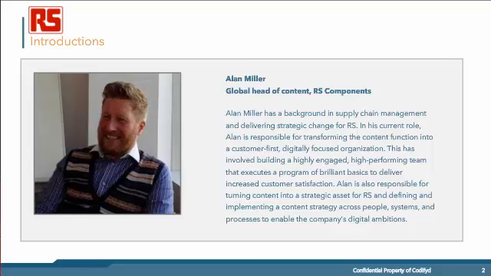He's involved in building a highly engaged, high-performing team, and executes a program of brilliant basics that delivers increased customer satisfaction. He's responsible for turning content into a strategic asset for RS and defining and implementing a content strategy across people, systems, and processes to enable the company's digital ambitions.